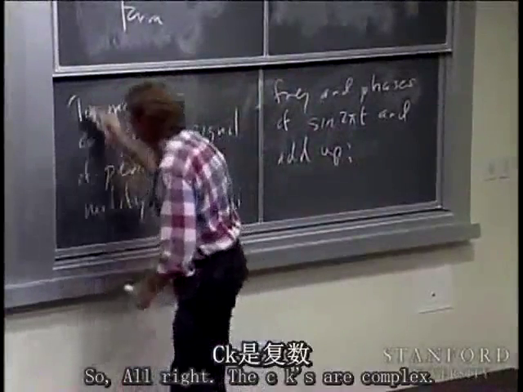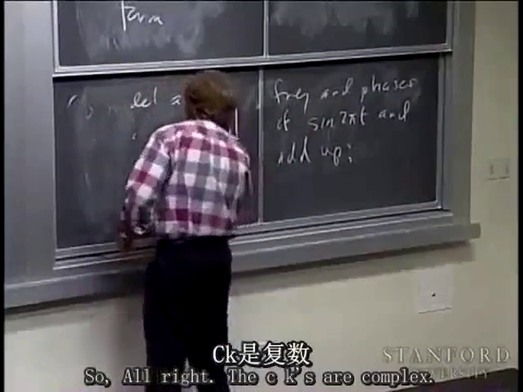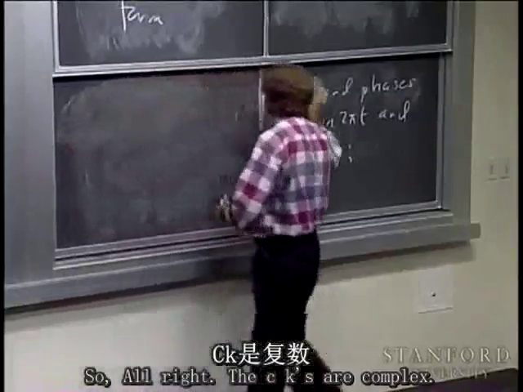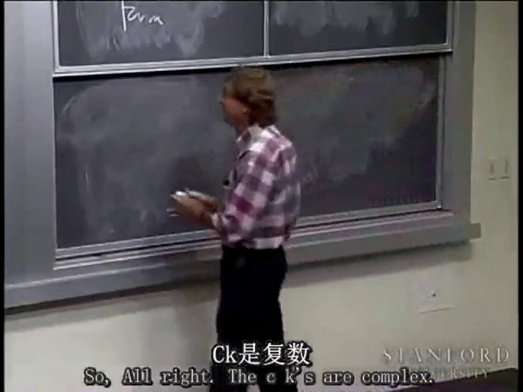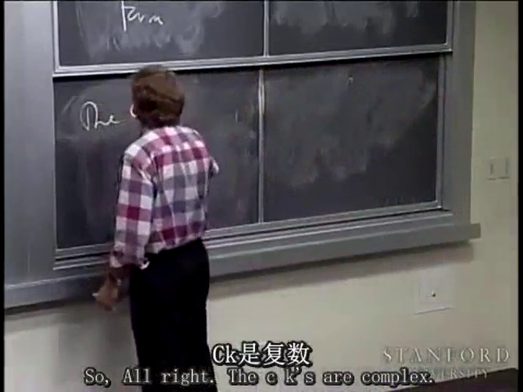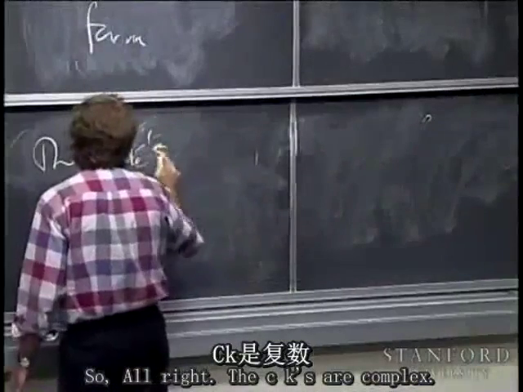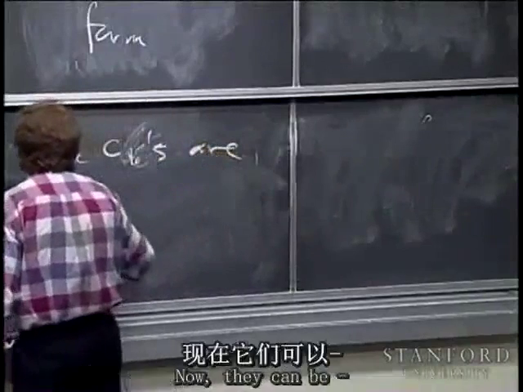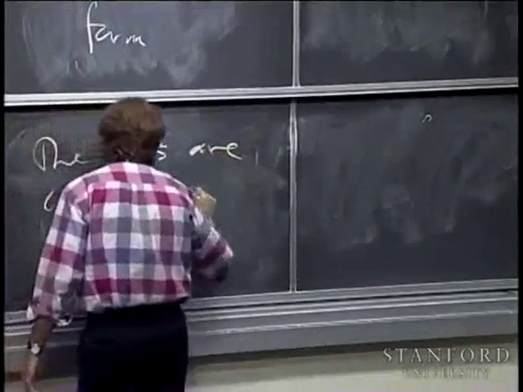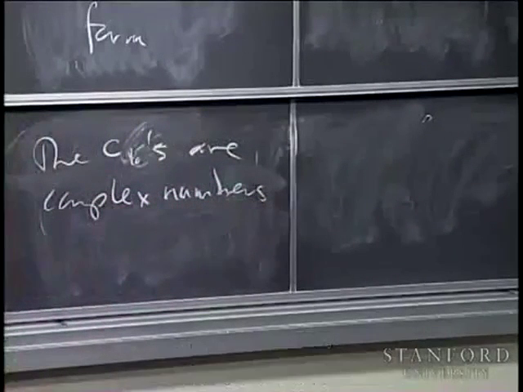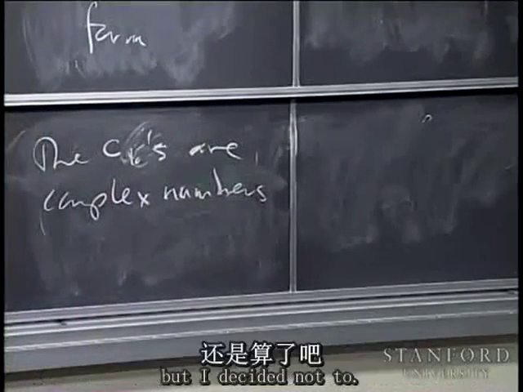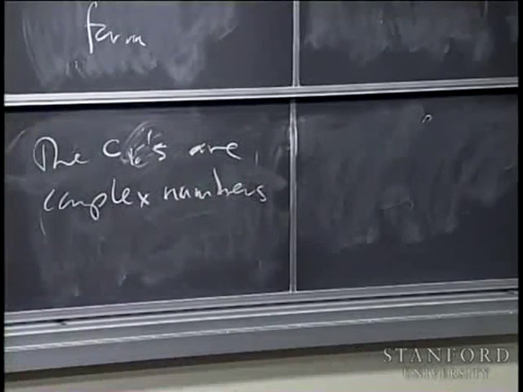So, all right, the c sub k's are complex. Now, they can be expressed. I won't do this, and I was going to give you a homework problem on this, but I decided not to. You can do this just for fun.